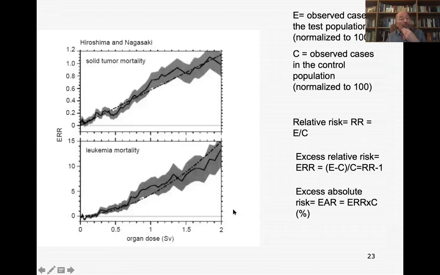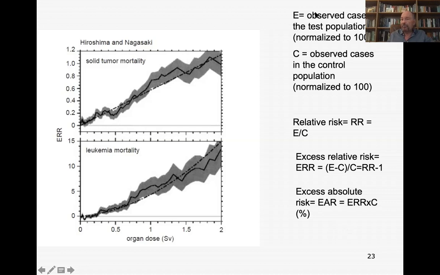And how do you plot these results? These are not the most updated plots, but give you an idea. Generally, you plot the excess relative risk, or ERR, as a function of the dose. What is the ERR? Well, you see it here.